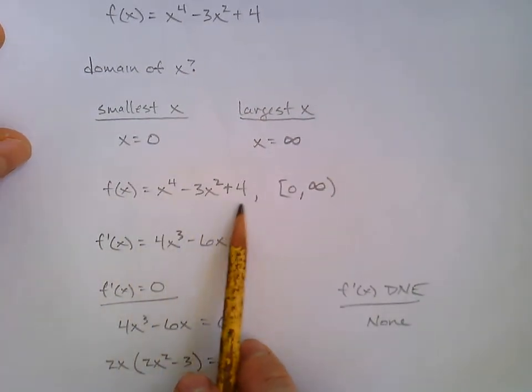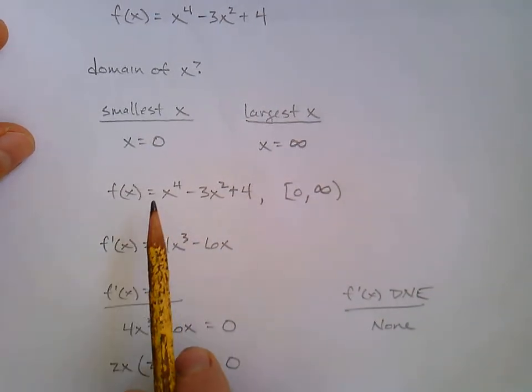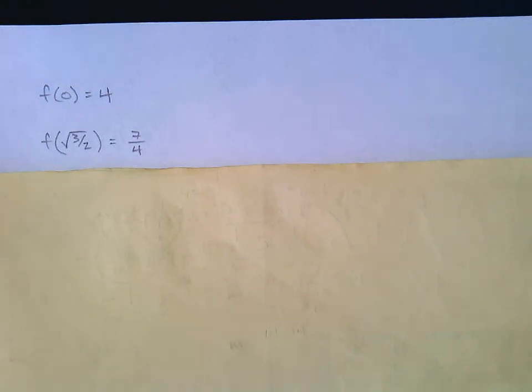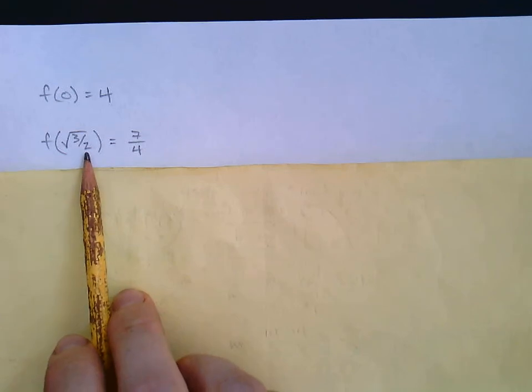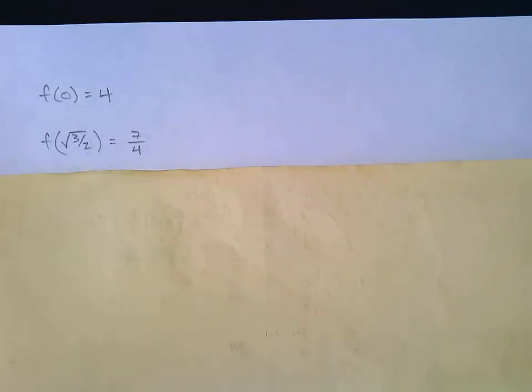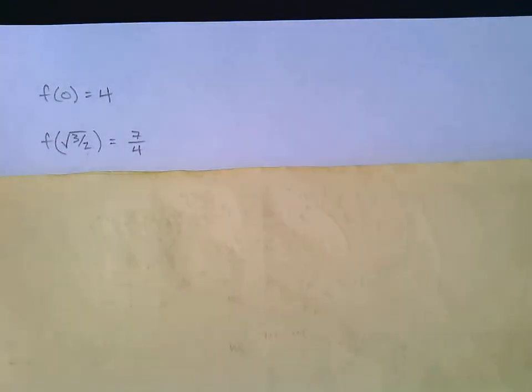There's f right there, what was inside that square root. So plugging in 0, we get the 4. And I invite you to confirm this, plugging in square root 3 over 2. I would just throw that whole thing right into a calculator, and it'll actually come out to a decent answer, 7 over 4.